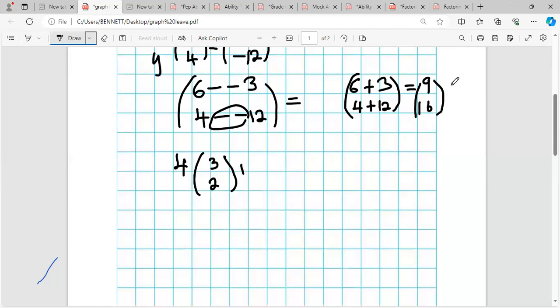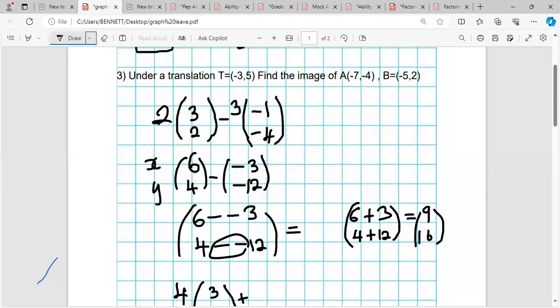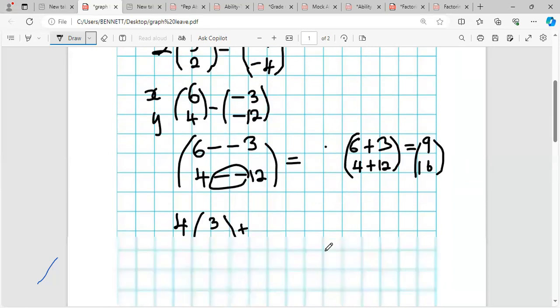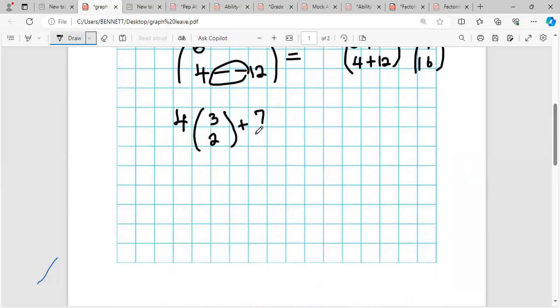We'll go back up to see what was b and c. So b is (7, -5). So you just add that. There's no scalar there, so we don't need to put a number in front of it. And of course, minus c, which is (-1, 4).